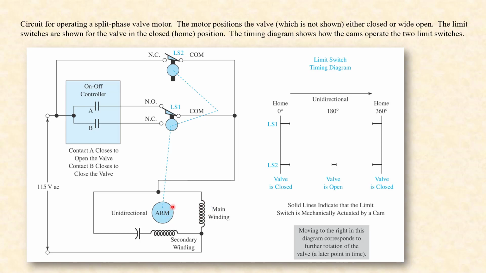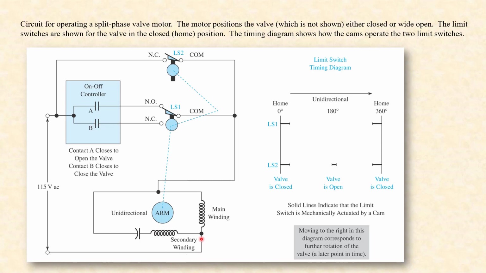But just note that there are cams on this motor, mechanically attached to the shaft, which is what this dotted line means, a mechanical connection. This particular one has one cam lobe, and this one has two cam lobes. And the on-off controller that's used here uses A to open the valve and B to close the valve.